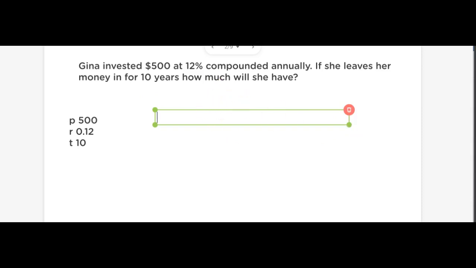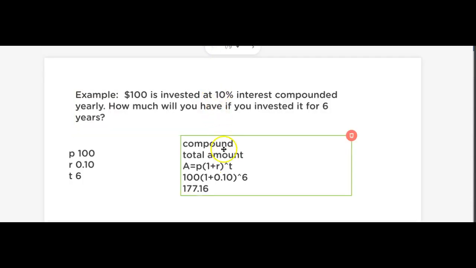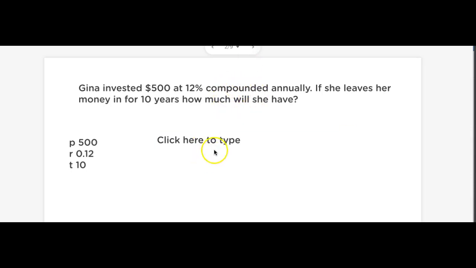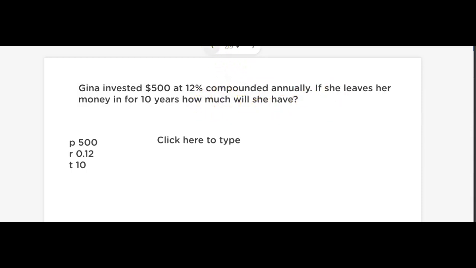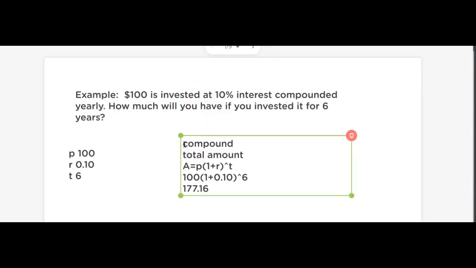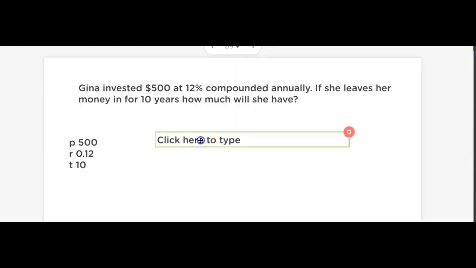The formula, I'm actually going to come over here. Well, let's go back first. So I know that I'm using compound interest, right? And I'm looking for the total amount because it does not state interest. So I'm just going to copy this right here because I want to save on time. I'm really trying to save on time. And it's not pasting. That's fine. All right, so we know that it's compound interest.